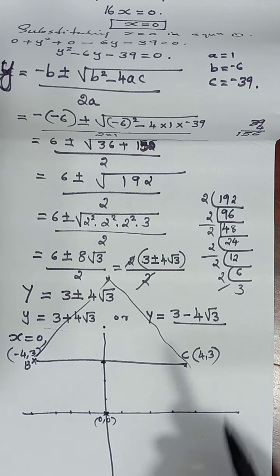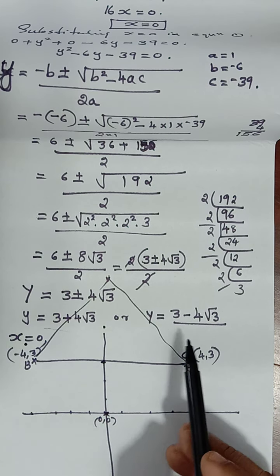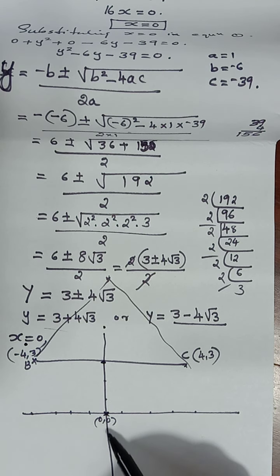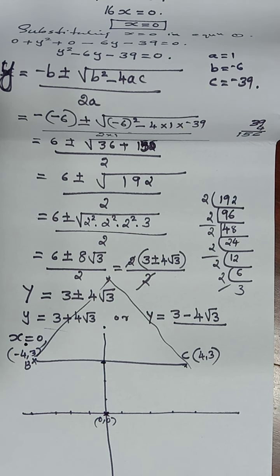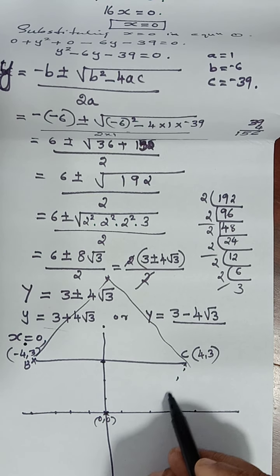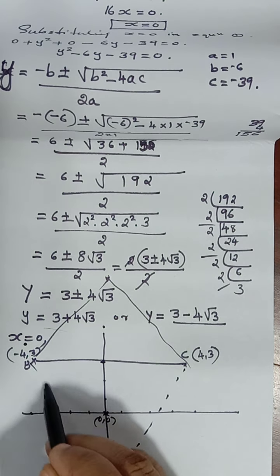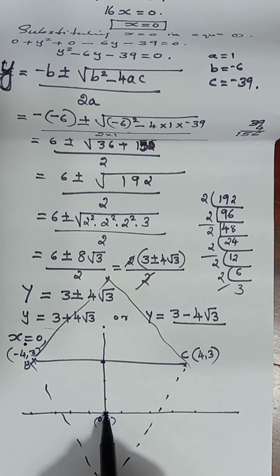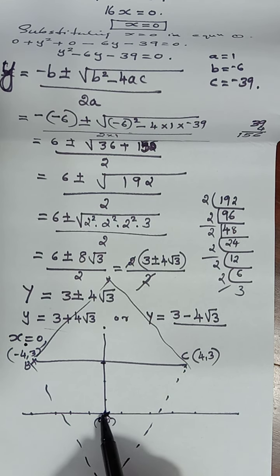X coordinate is 0, y coordinate is a negative number, so it moves downward, below the x-axis. That will be fine, because then you will get the triangle like this and the origin will be in the interior.